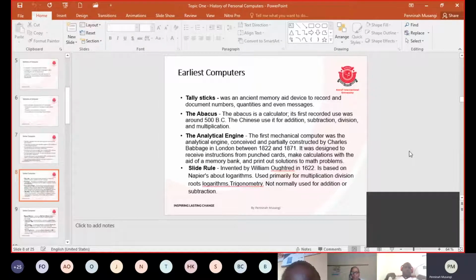But one shortcoming with it is that it could not help the people using it to do some aspects of mathematics.